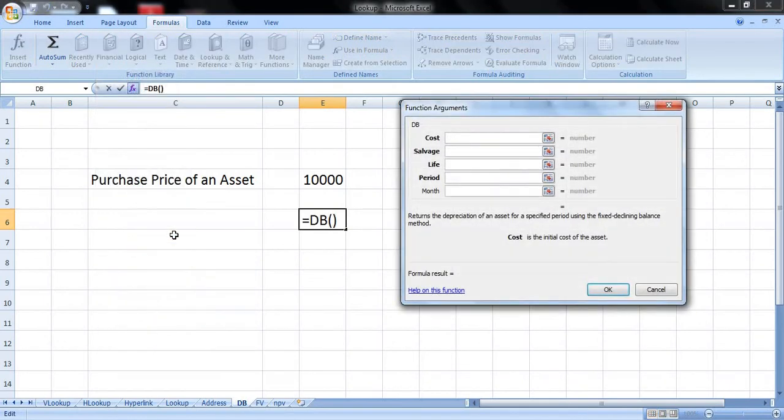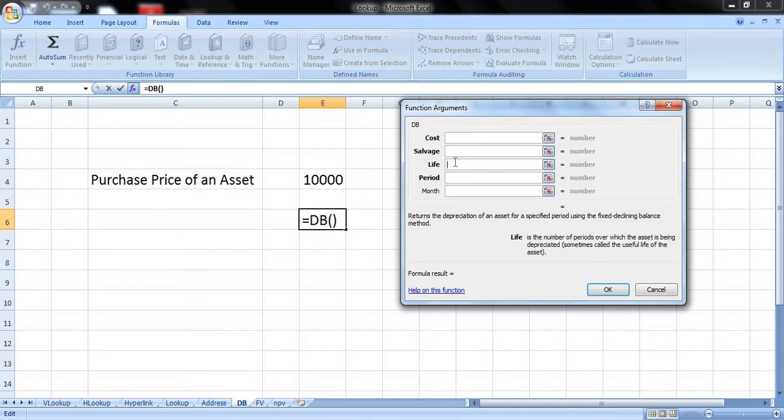Now as soon as I open the function called DB, it comes up with 5 arguments. First one is the cost, the initial cost of any product, any asset. Salvage value is the estimated scrap value of an asset. This is the estimated or assumed scrap or salvage value of any asset.